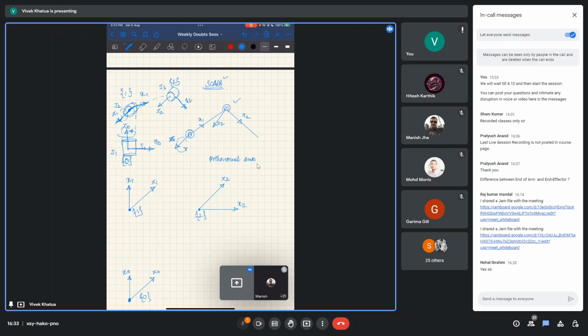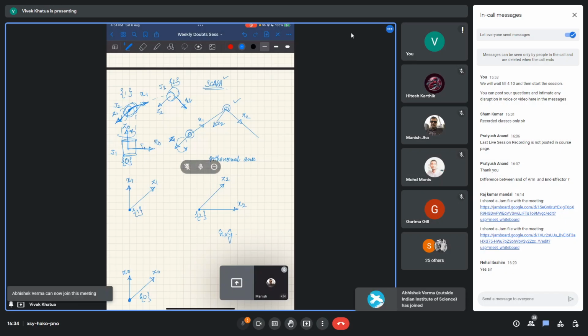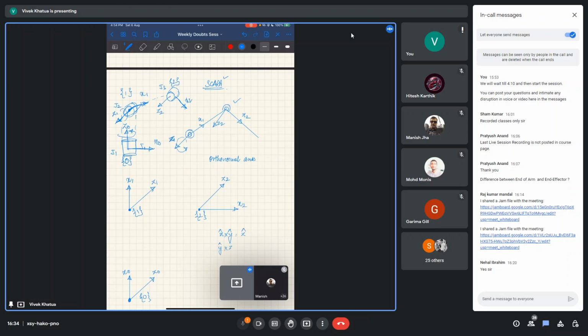Now here you can see that I am not denoting the y axis because it follows: x cross y axis is equal to your z axis. All of them are unit vectors. Y cross z is equal to x axis, and z cross x is your y axis.